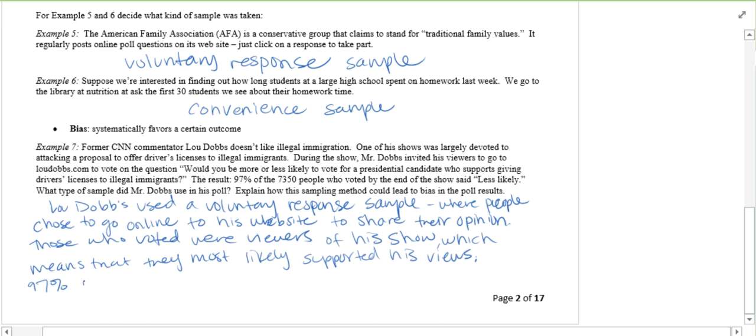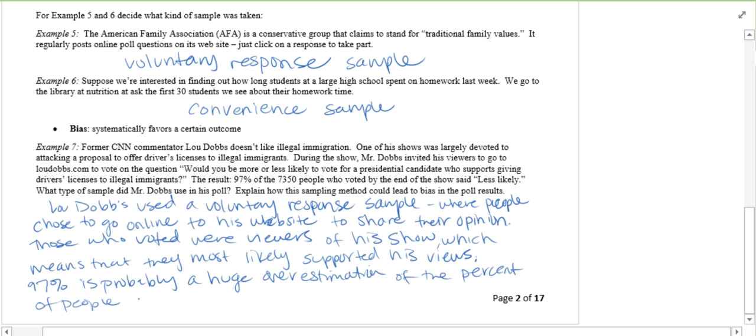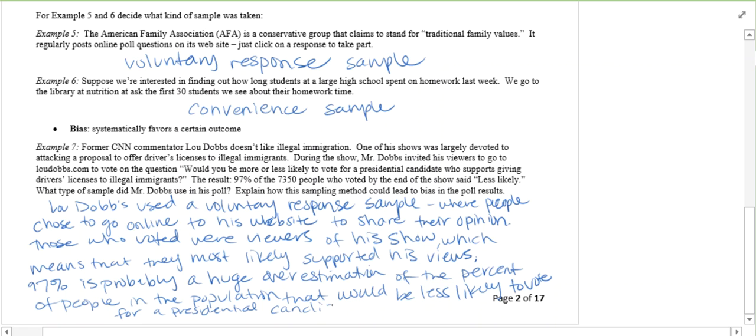That's probably a huge overestimation of the percent of people in the population, not just his viewers, but in the population, that would be less likely to vote for a presidential candidate with this position.